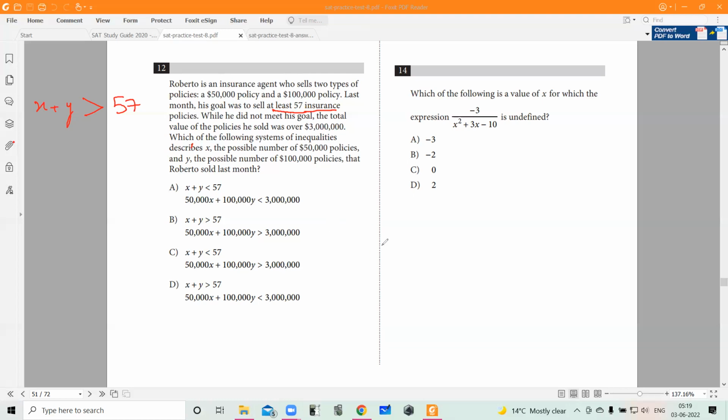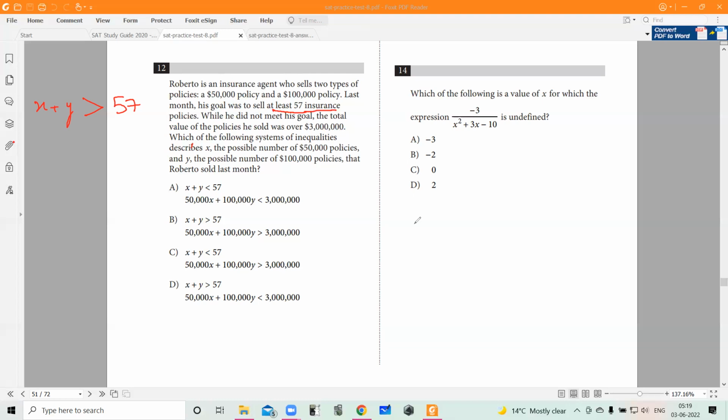But because he didn't meet his goal, that means 57 is greater than X plus Y. I will read the question again. Last month, his goal was to sell at least 57. He doesn't meet his goal, which means he doesn't make it. Yeah, that's right. But what is the question asking?